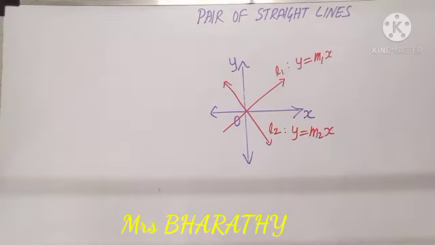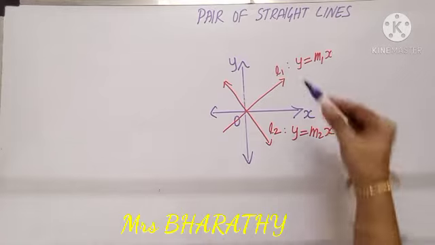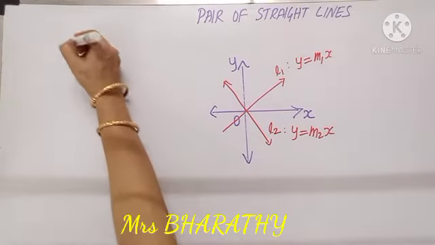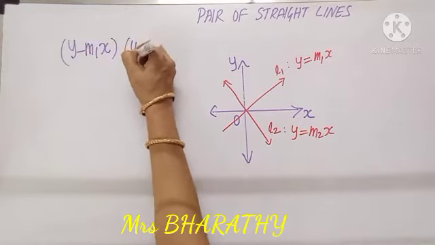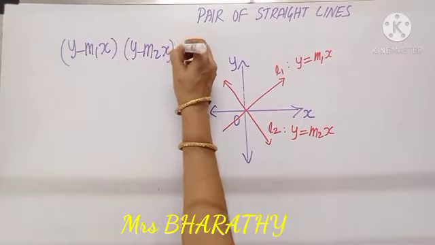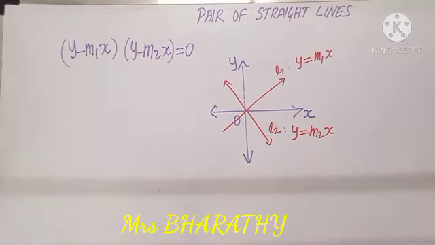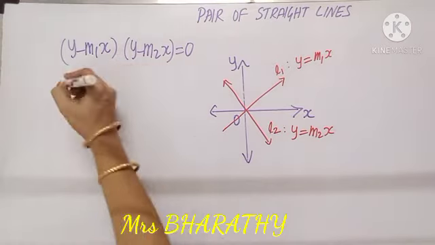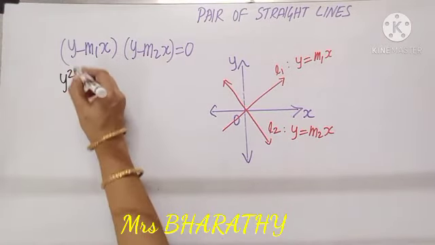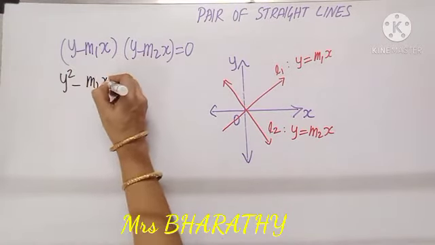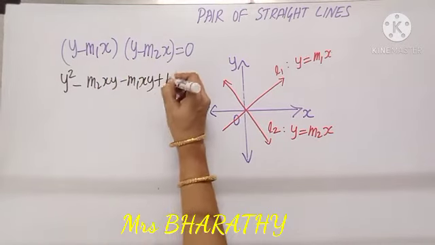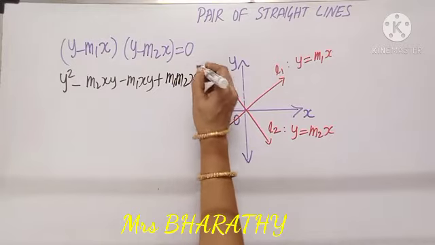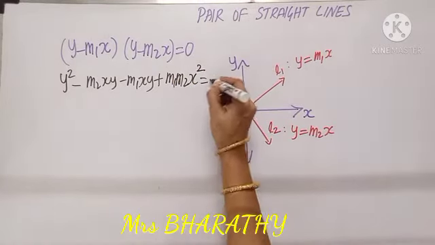Now, what is the combined equation of the two lines? First line is y minus m1x. Second line is y minus m2x. Let us multiply. As I multiply the two equations, I get y square, minus m2xy minus m1xy plus m1 m2x square equals 0.